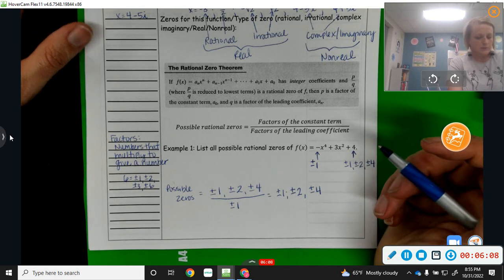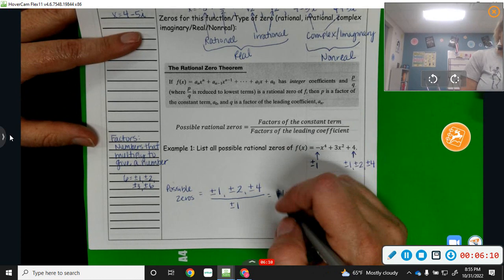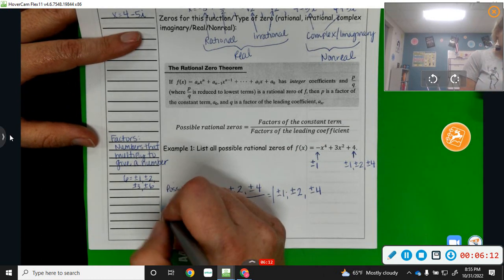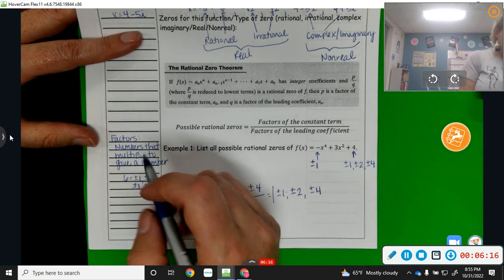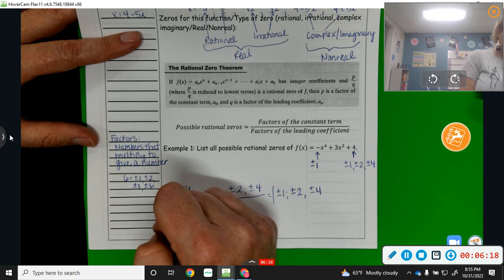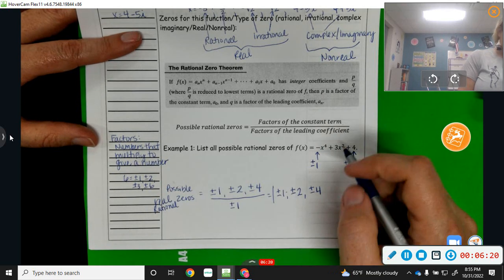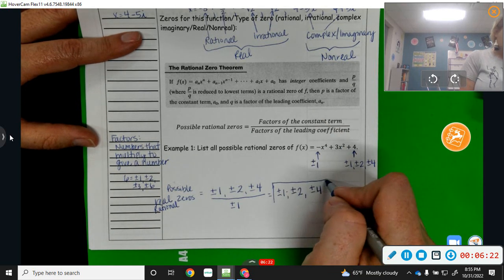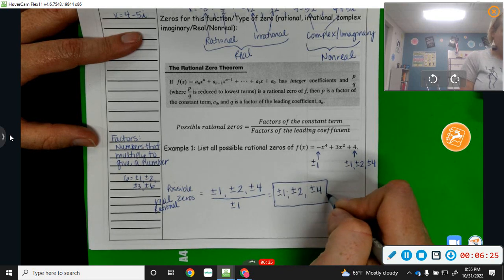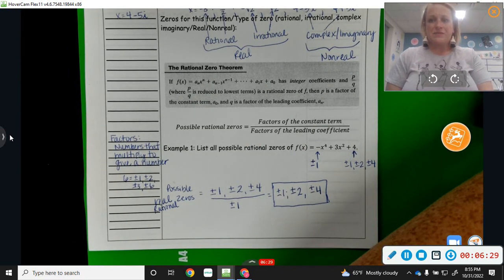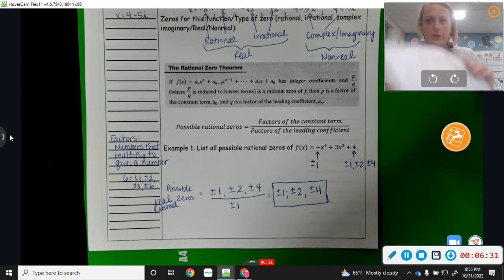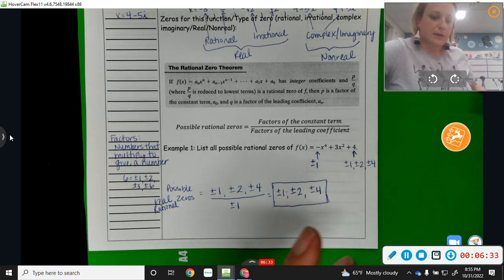Okay, so the possible real rational zeros are going to be positive negative 1, positive negative 2, positive negative 4. Okay? This is going to be useful in finding numbers that divide a polynomial, so that way we can get it into the point of factoring.